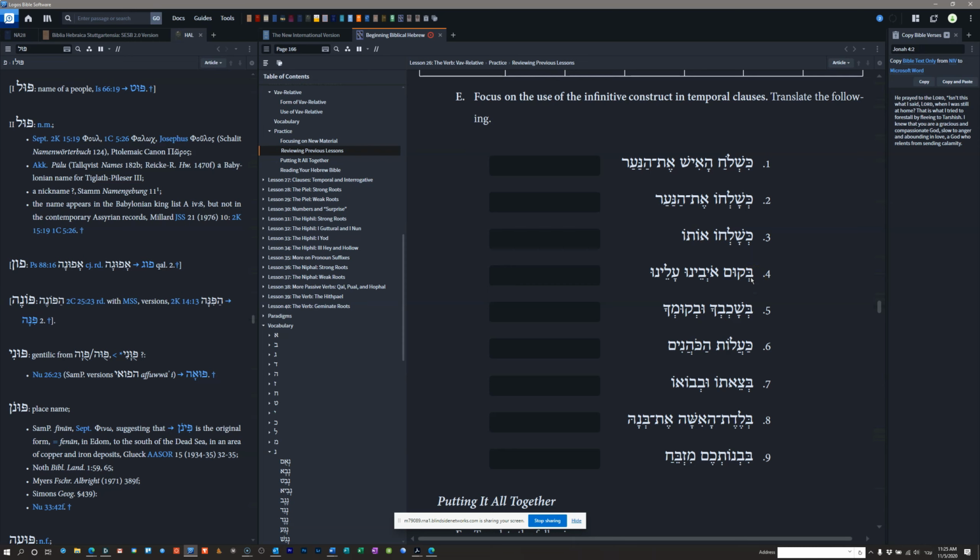And then Bakom, so when to arise, Oyev, enemy, but Oyevenu is going to be our enemies. So when our enemies rise against us, al, you could say upon us, or over us, but I think rise against us makes best sense here.